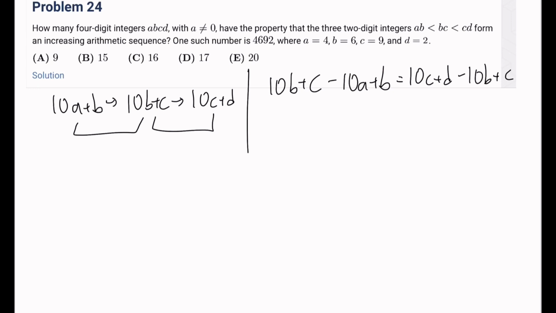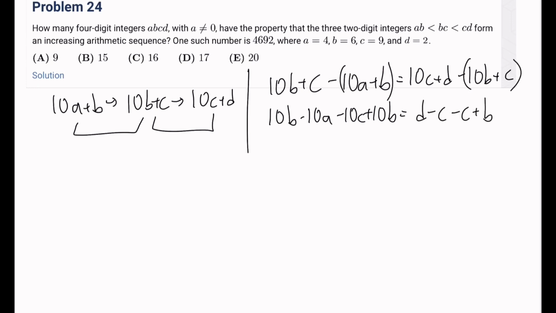If we put all the 10s on one side, we get 10b minus 10a minus 10c plus 10b, which equals, with all the ones on the other side, d minus c plus b. So 10 times 2b minus a minus c equals negative 2c plus b plus d, right?